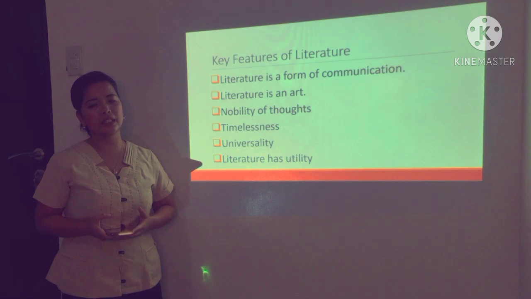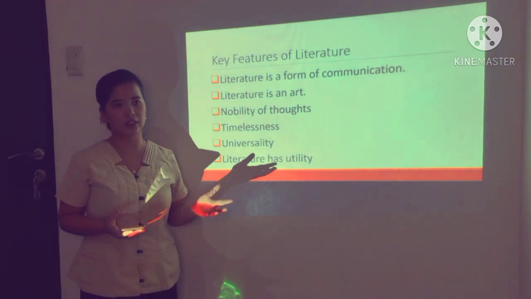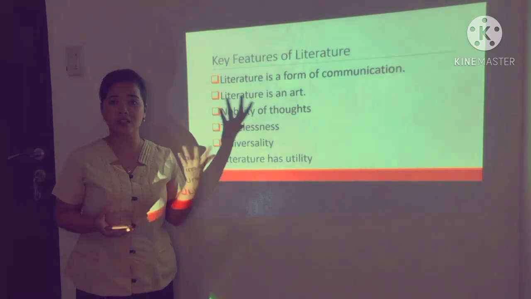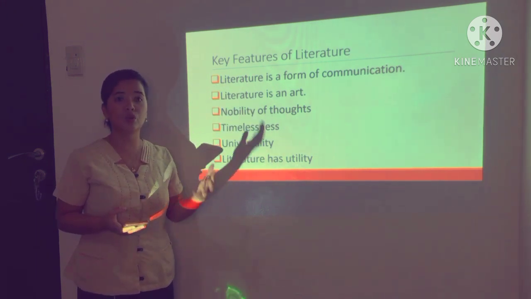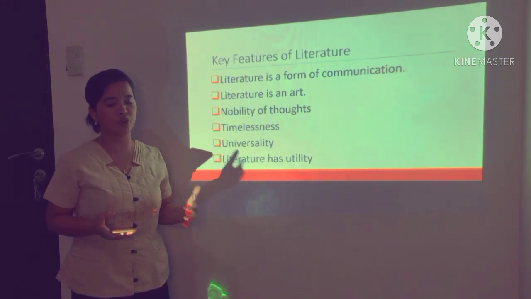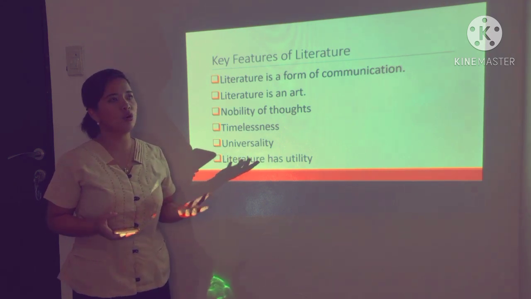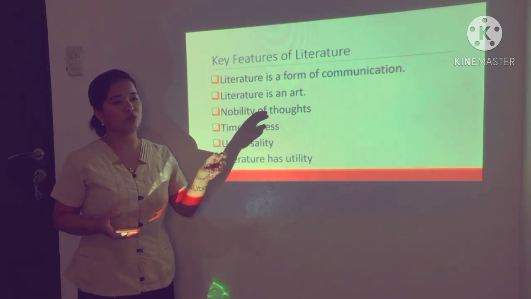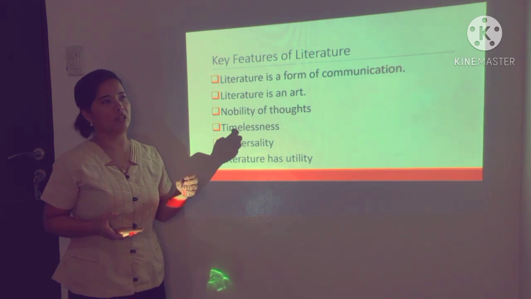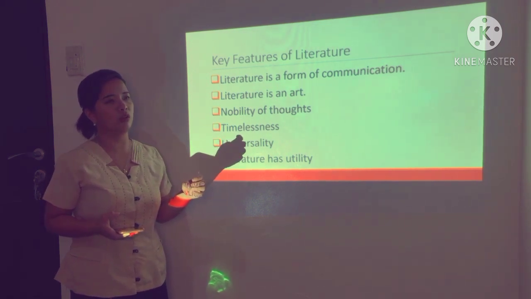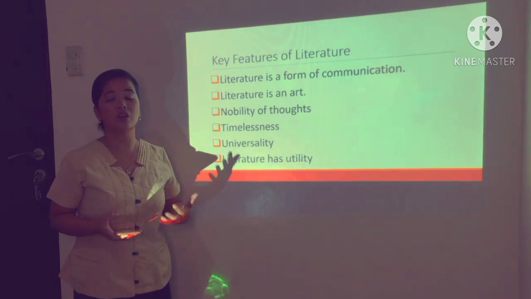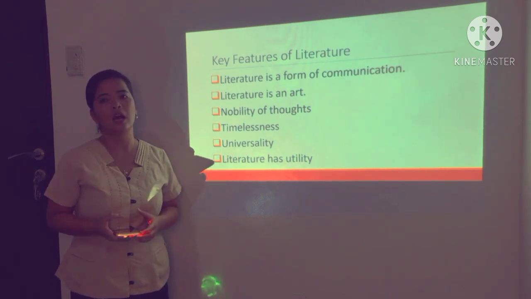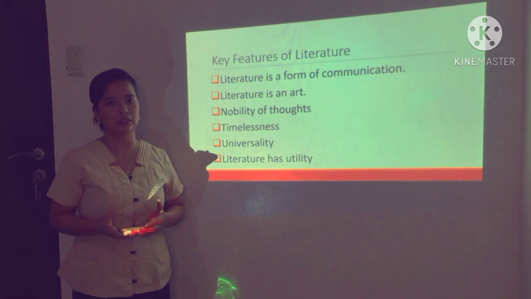Another one is literature has utility. Literature has its importance. Whenever they write, they have a purpose. It may be to put remembrance, or to awaken the mind, or to entertain. It depends on the writer. So literature has its utility.